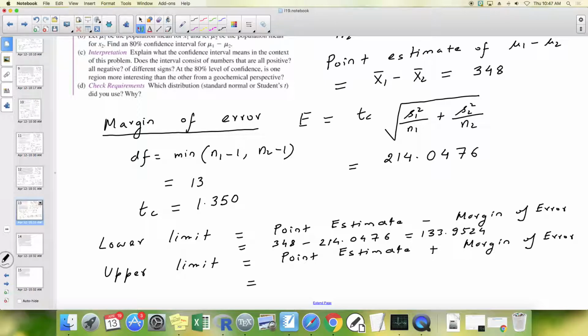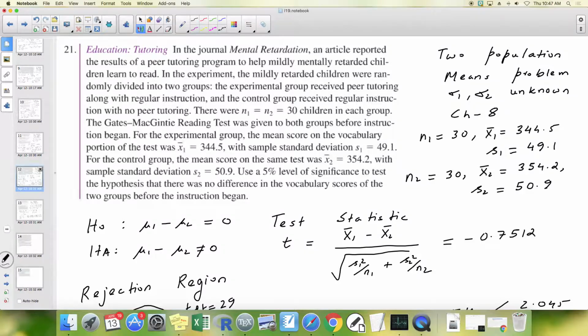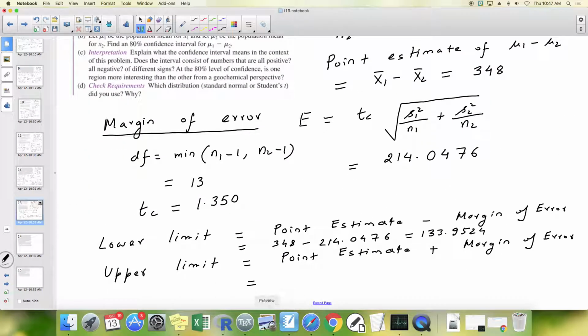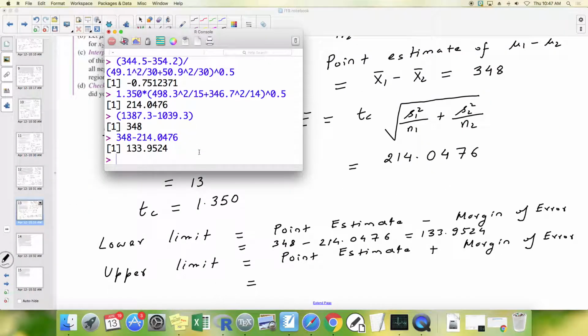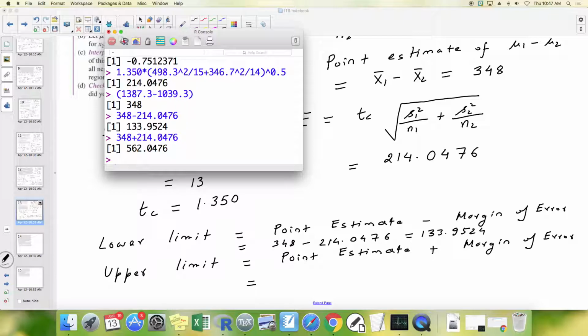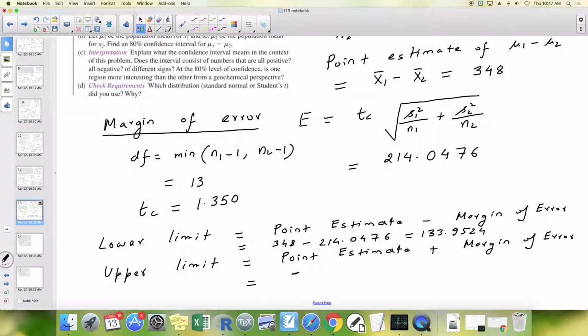And upper limit is point estimate plus margin of error. So 562.0476. Okay.